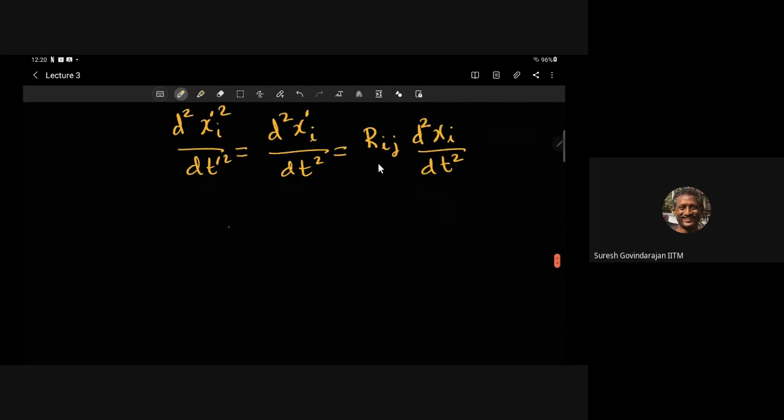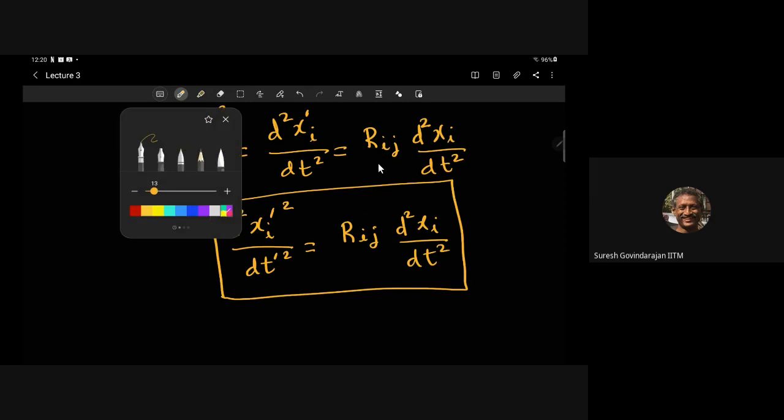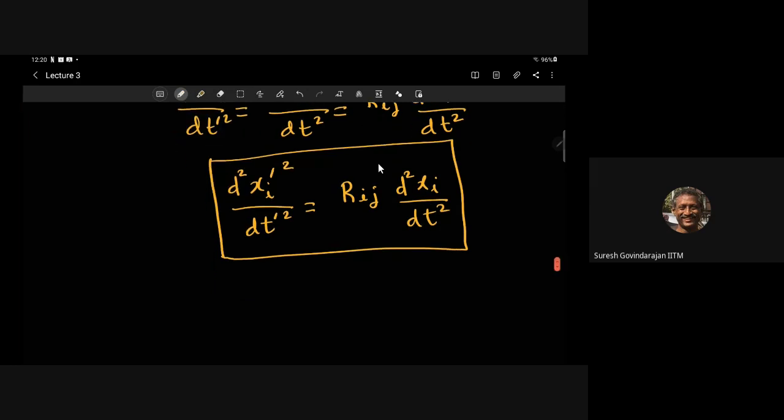We get our final formula, which says, okay, so this is what we get. So you can see now that this implies the equation in the other frame.